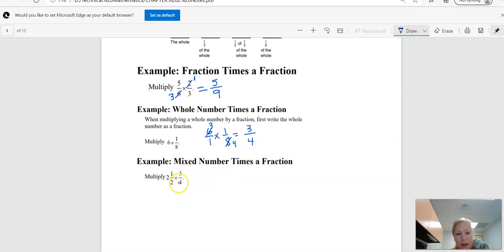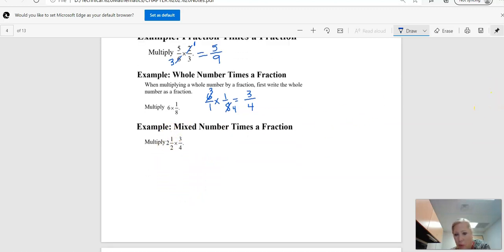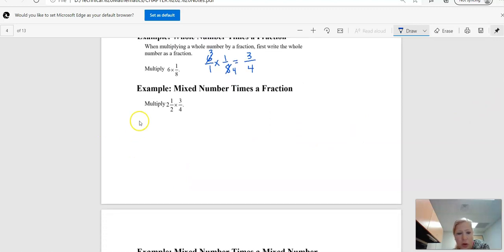Now, this can get a little bit trickier if you're doing this by hand. Most people would change the mixed number into an improper fraction so it's easier for them to multiply. So we talked about this earlier. You take the denominator and you multiply it by your number out front. So you say 2 times 2, you get 4.